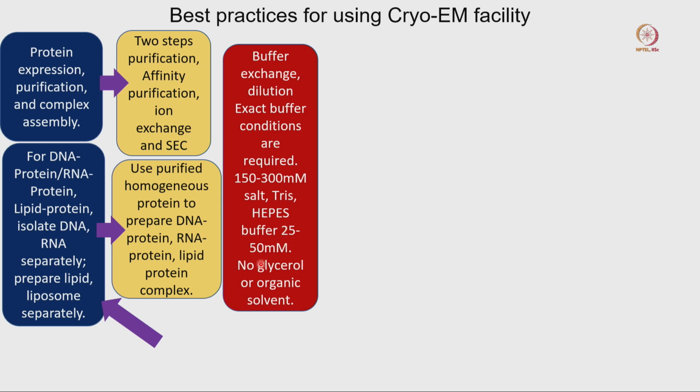And glycerol or any organic solvent is not good for cryo-EM study, and that is the reason it is better to remove the glycerol. If you have a high salt concentration, try to remove it, and try to keep the protein at 150 to 300 millimolar; no glycerol will be the best.